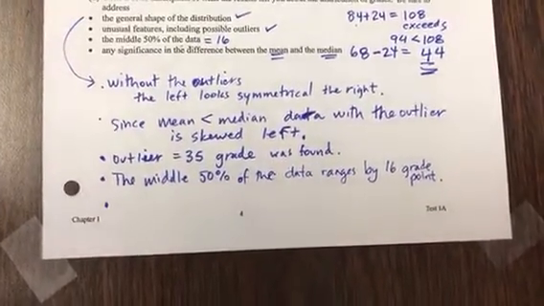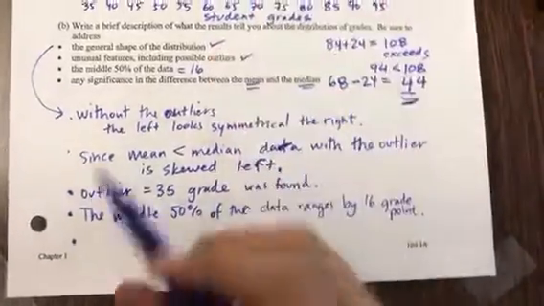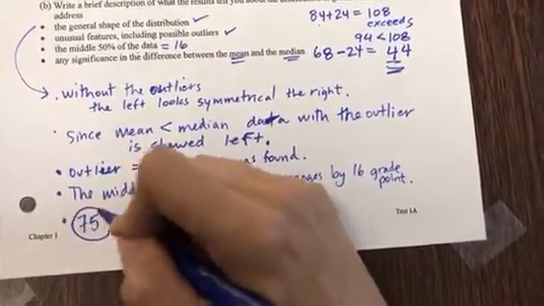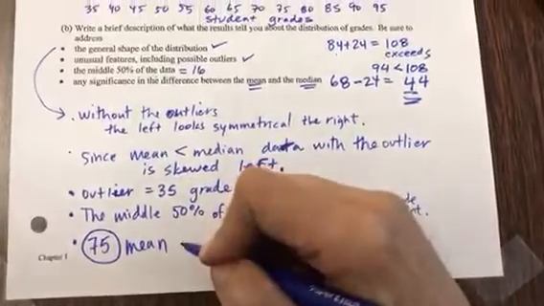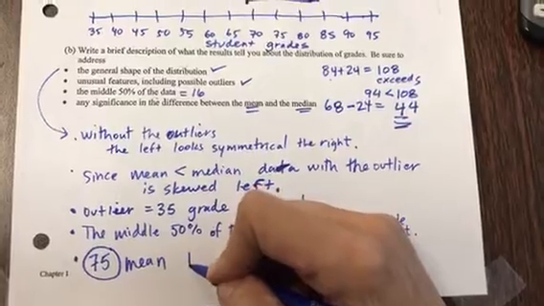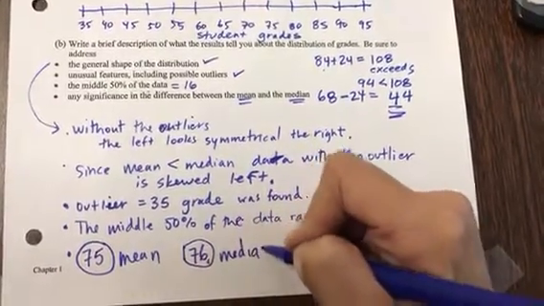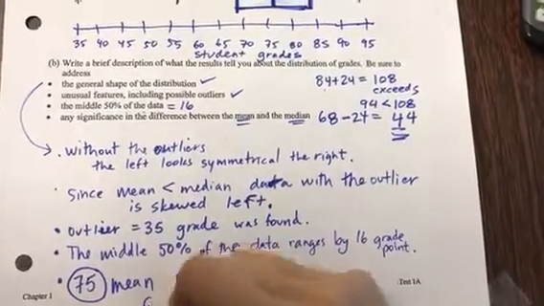This is kind of interesting. Just by rounding, the mean is 75 and the median is 76. So I think you could actually go back in and say they're fairly close.